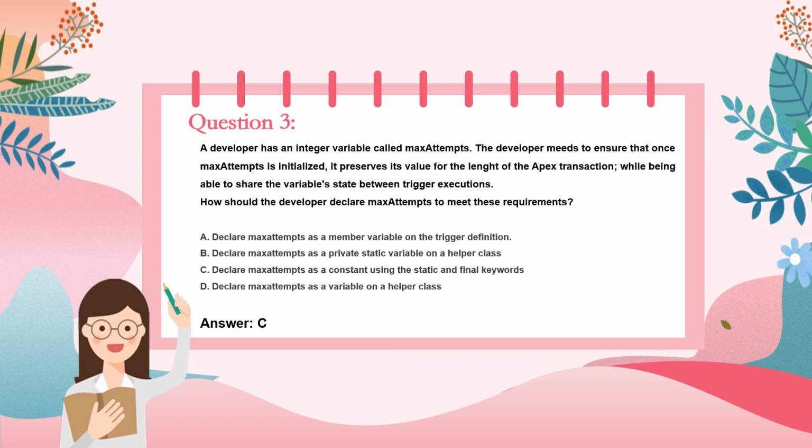A. Declare maxAttempts as a member variable on the trigger definition. B. Declare maxAttempts as a private static variable on a helper class. C. Declare maxAttempts as a constant using the static and final keywords. D. Declare maxAttempts as a variable on a helper class. Answer. C.